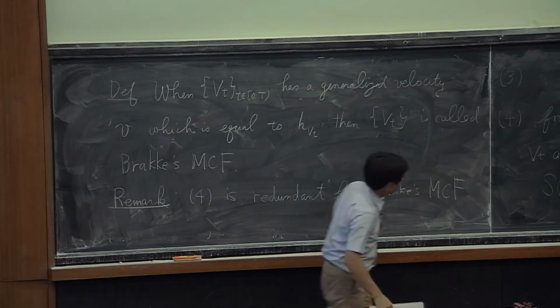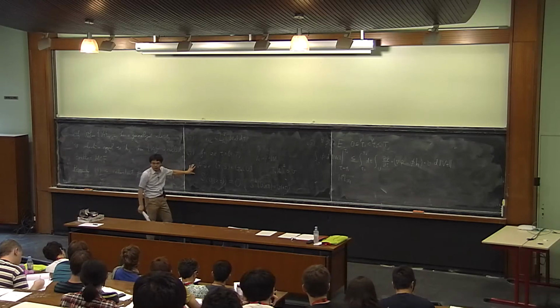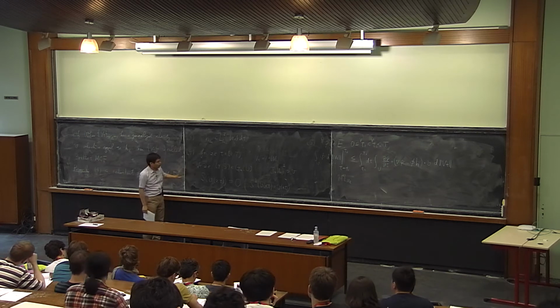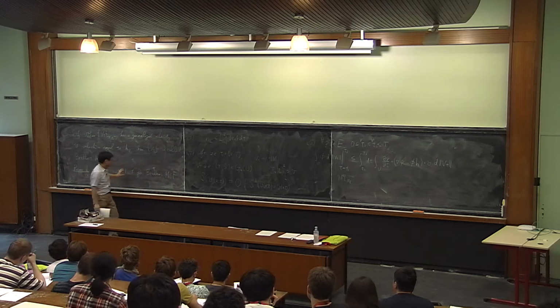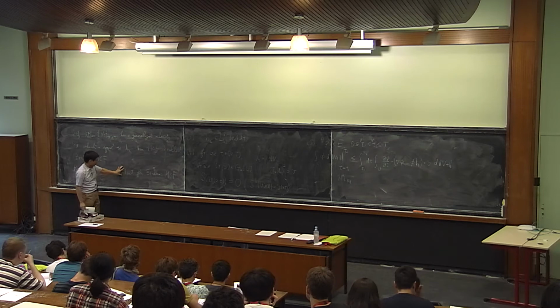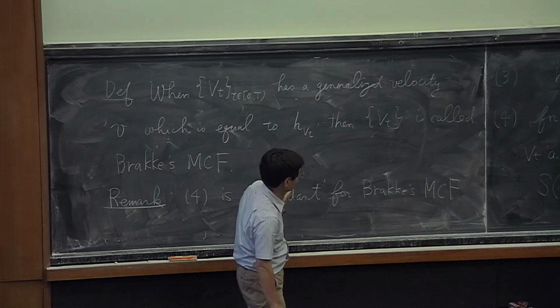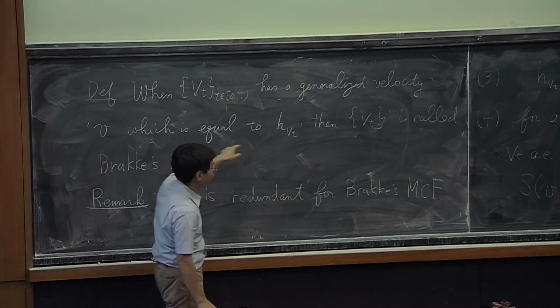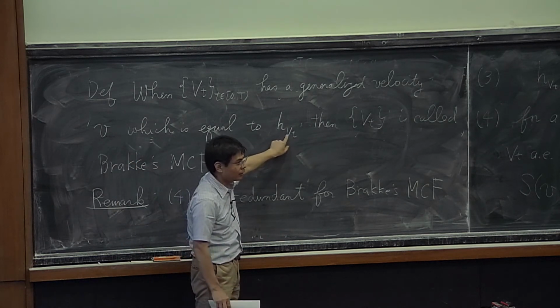So this number 4 is this normal condition. Suppose that this V happened to be equal to the mean curvature vector.